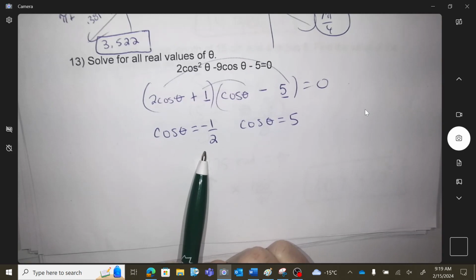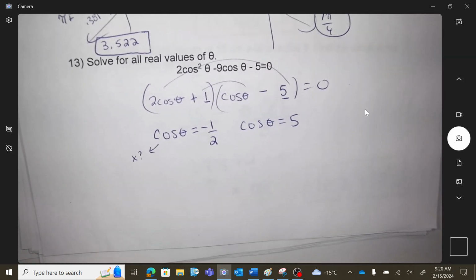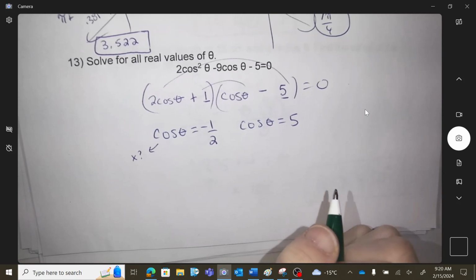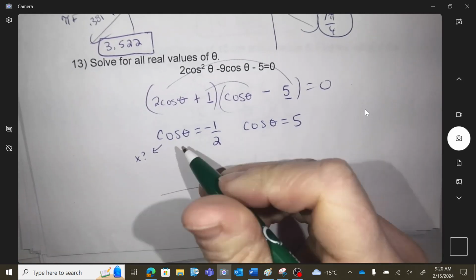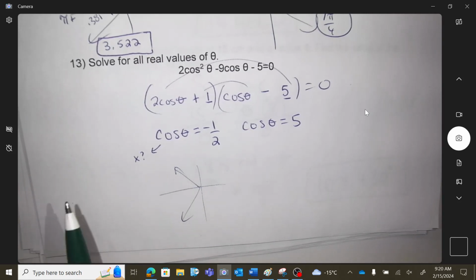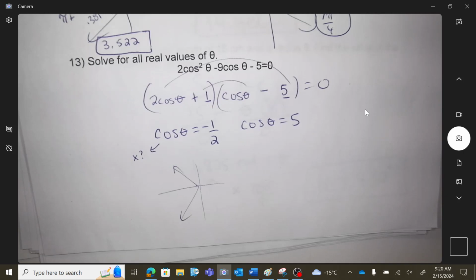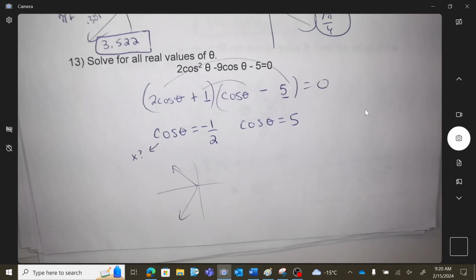Would you recognize this from a unit circle? Yes. Where is x, that number? Where does the x value have that value? Are you looking at 120 degrees, 2 pi over 3, that spot?